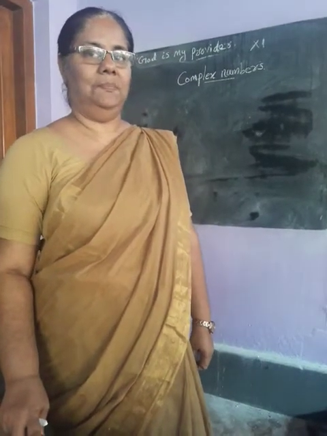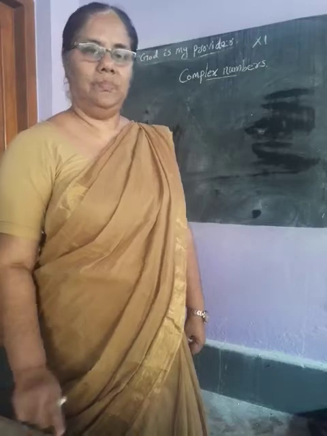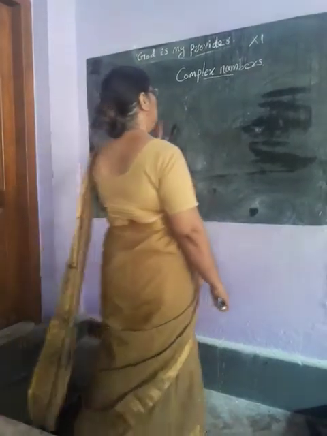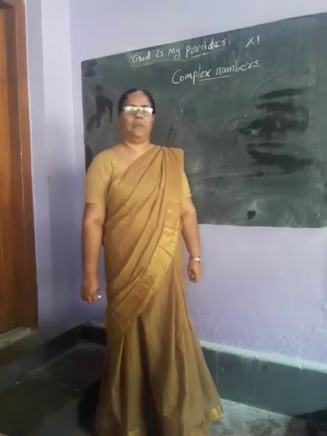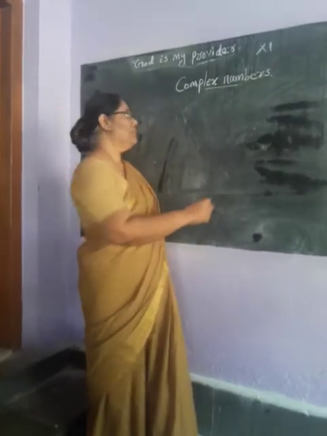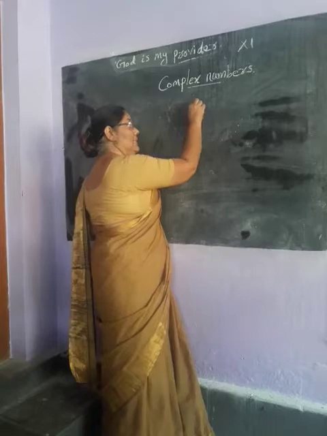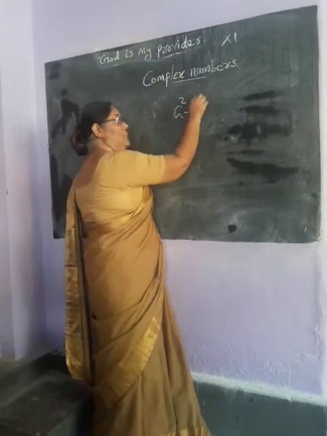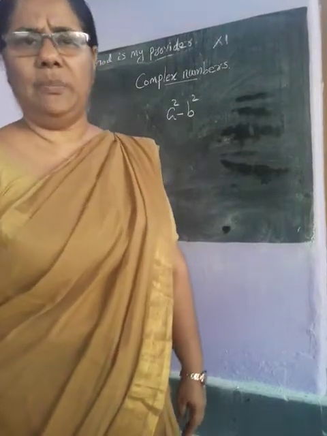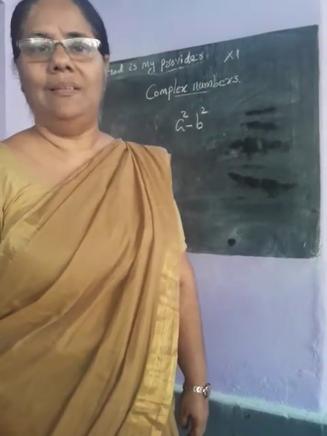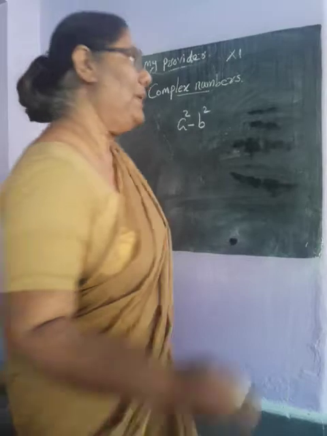Here, I am going to take the chapter Complex Numbers. You know that we can factorize a square minus b square. Can you say the factors of a square minus b square? A plus b into a minus b.